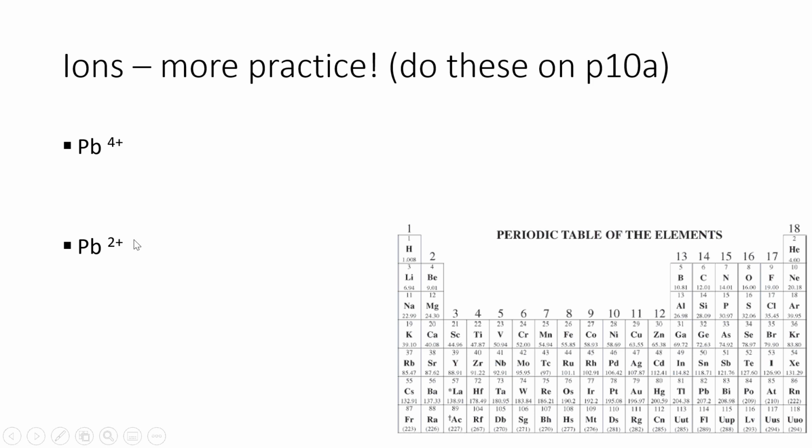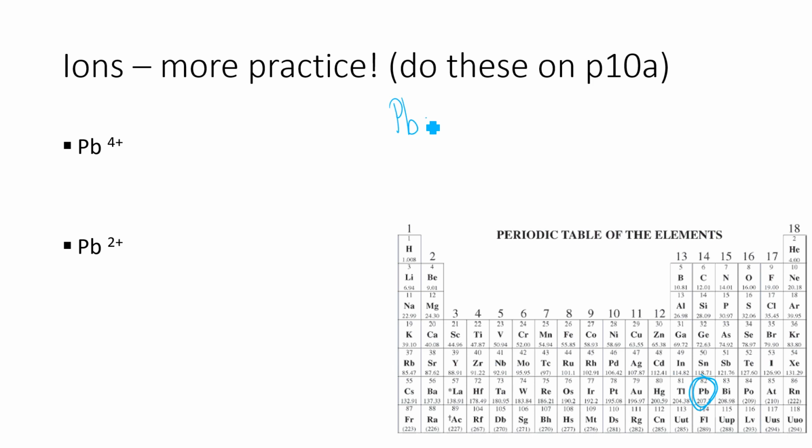If you look at lead, you might be familiar from regular chemistry with the idea that some metals can form more than one charge of ion. One example of this is lead. So let's look at neutral lead to begin with. Lead is right over here, and it's kind of a big one. So let's use the noble gas shortcut.